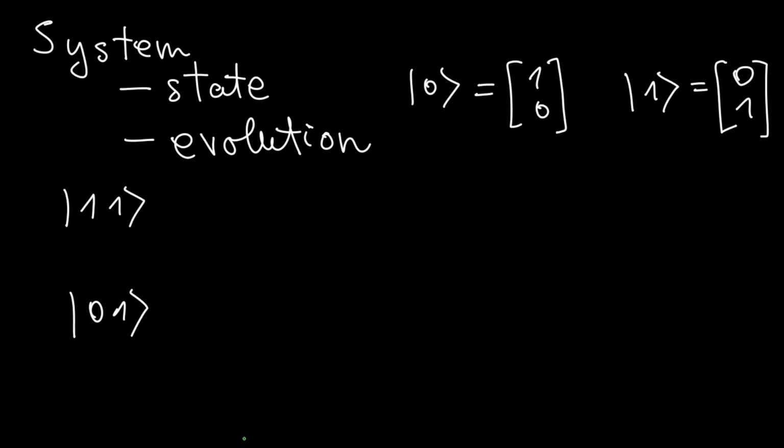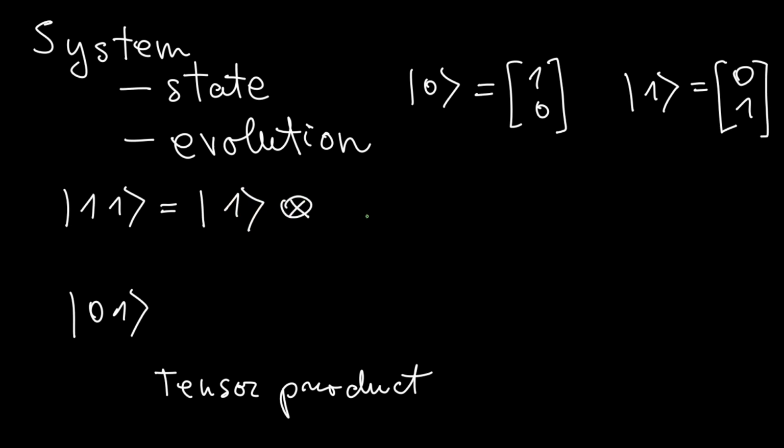Now, what do we do with, for example, 1, 1 or 0, 1? If we have more than one bit, and this is a bit, what we're going to do is called the tensor product. We notate it with this symbol, a cross.